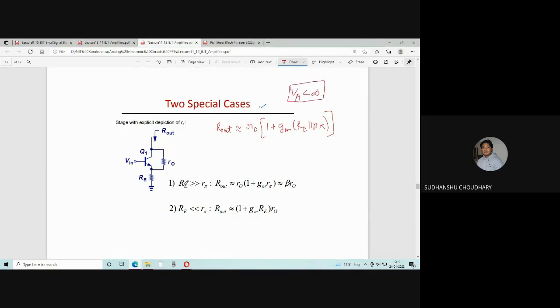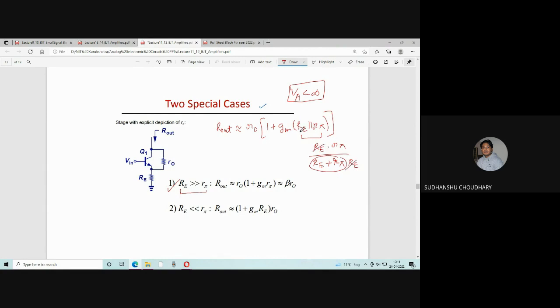That is, the output impedance when the emitter resistance Re is very much greater than R pi. So this Re parallel to R pi is Re R pi by Re plus R pi. When Re is much greater than R pi, I can write this as only R pi, so Re goes off.